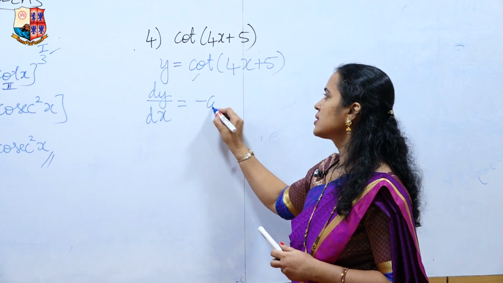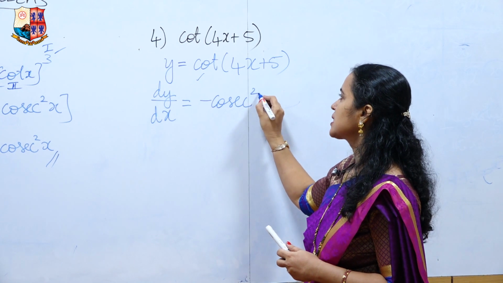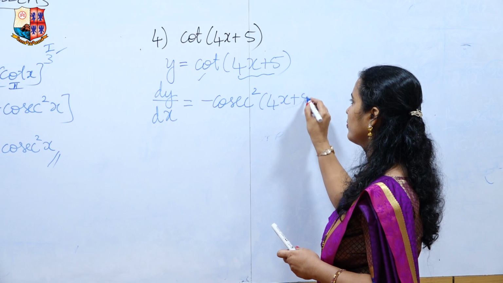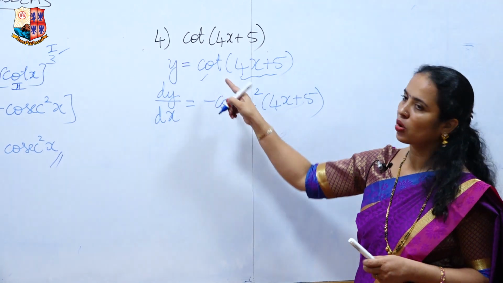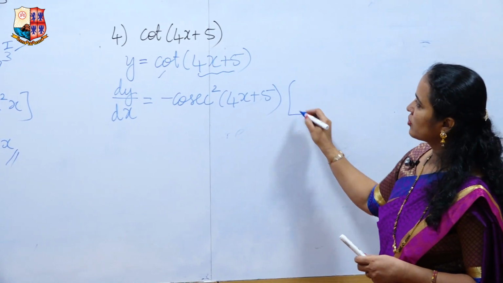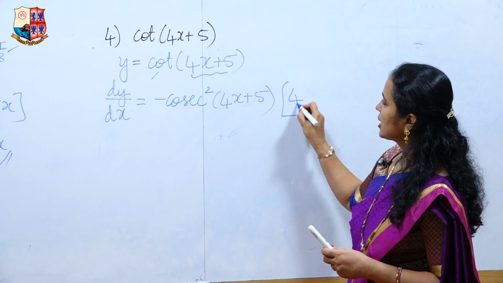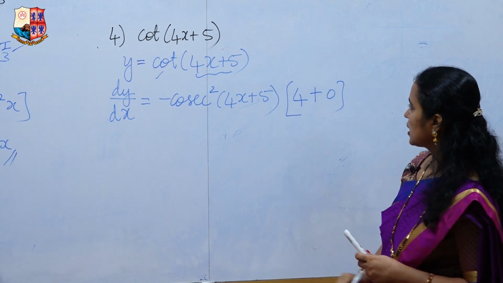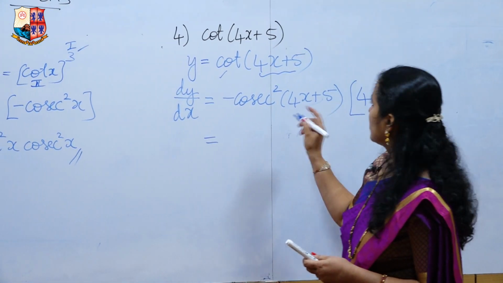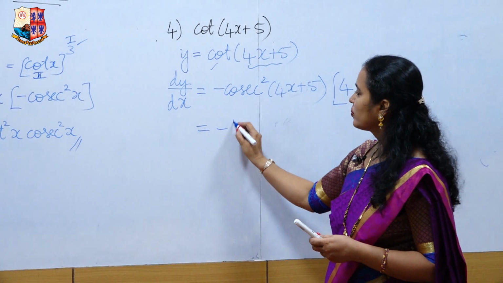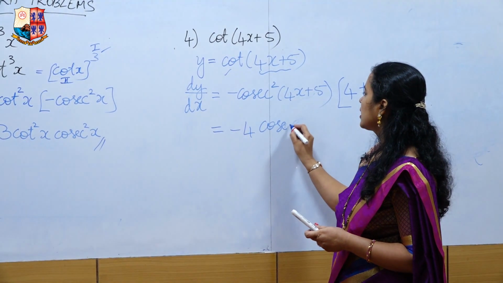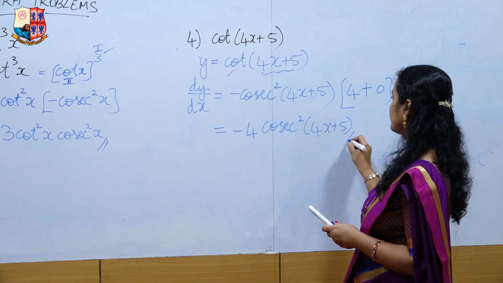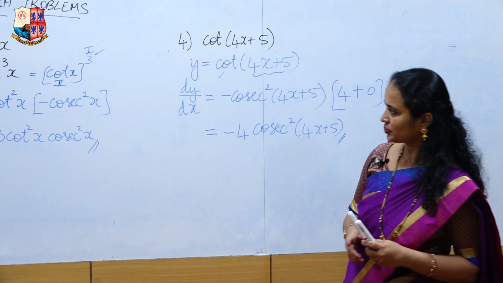So minus cosecant square, in the place of x you will write 4x plus 5. So done with the cot. Next 4x plus 5, constant in multiplication as it is, x when you differentiate 1, plus 5 when you differentiate 0. So you will be getting minus 4 into cosecant square of 4x plus 5. Quite a simple one.